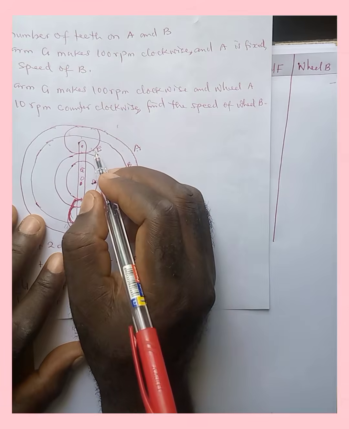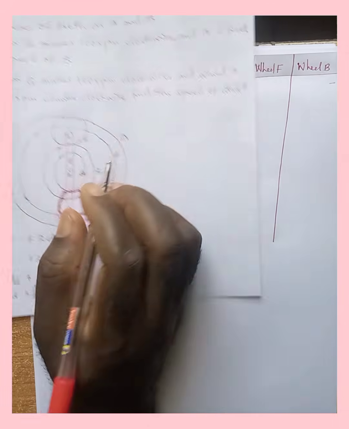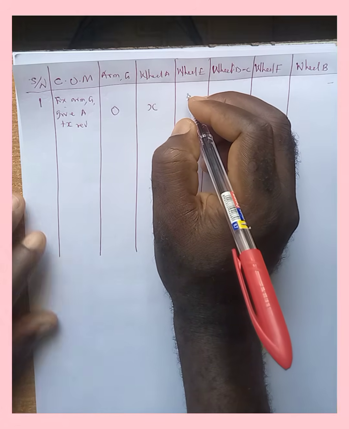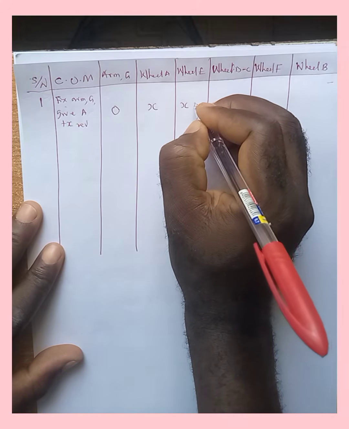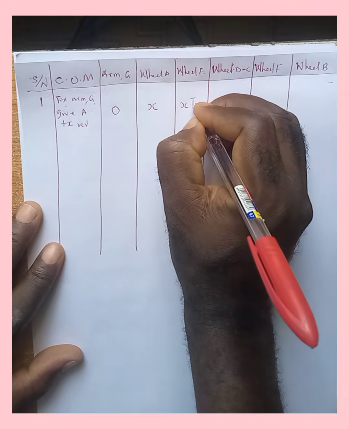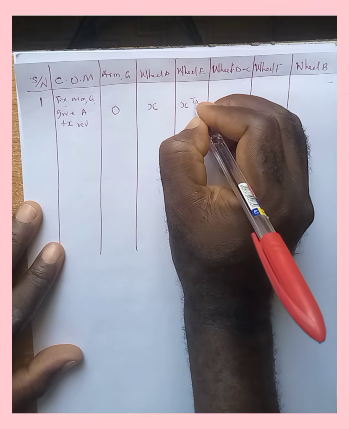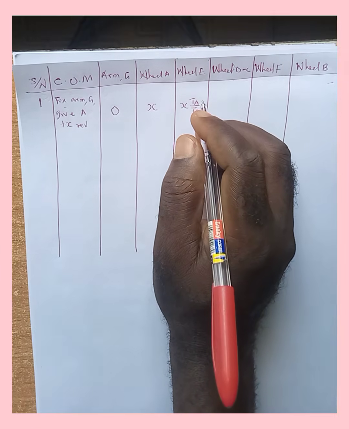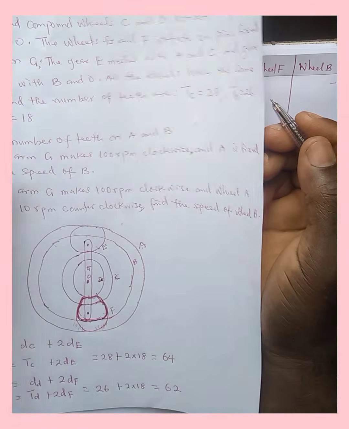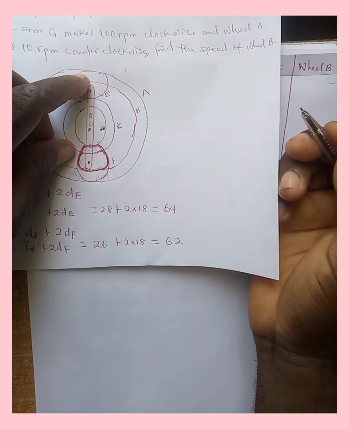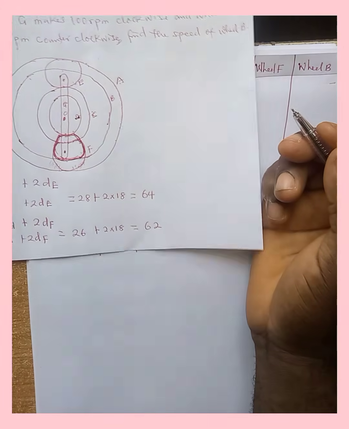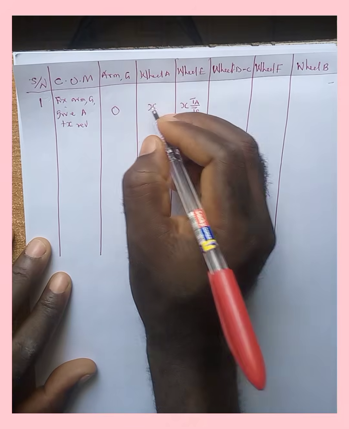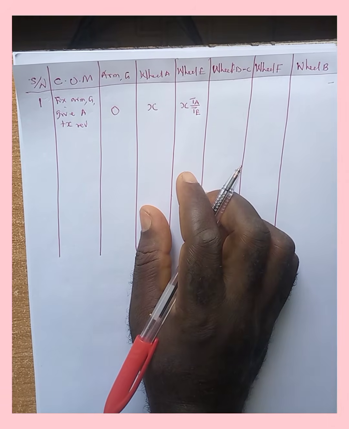So the motion of E is going to be X multiplied by the ratio of the number of teeth on the driver to that of the driven, which is E. Now, when you look at the diagram, both A and E mesh together internally. They will be moving in the same direction. For that reason, it's going to be positive, not negative this time around.